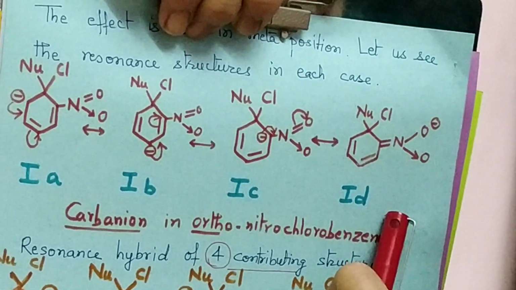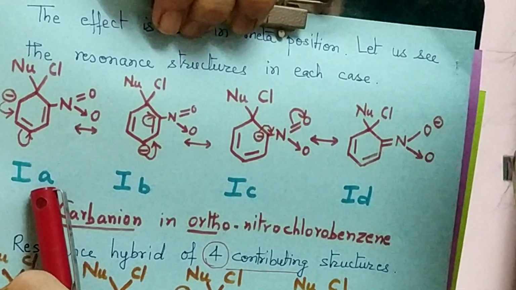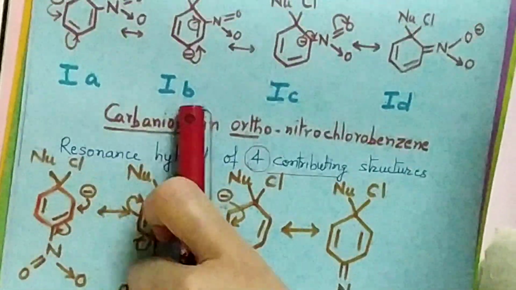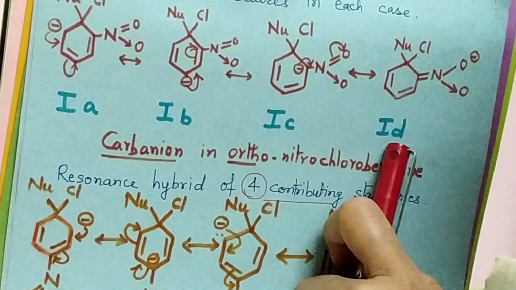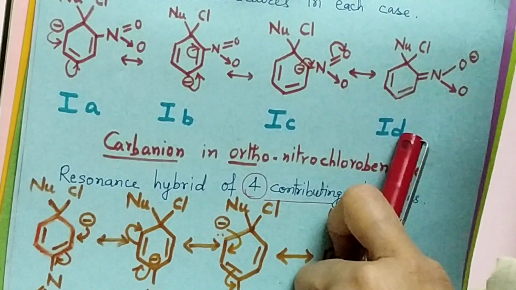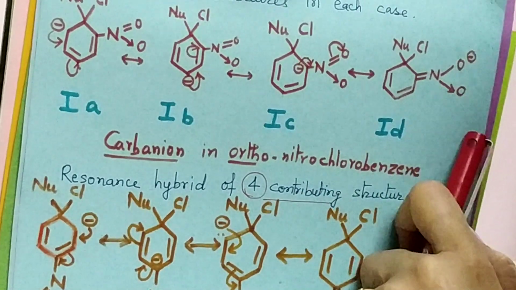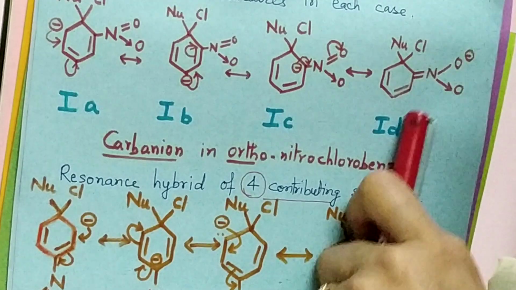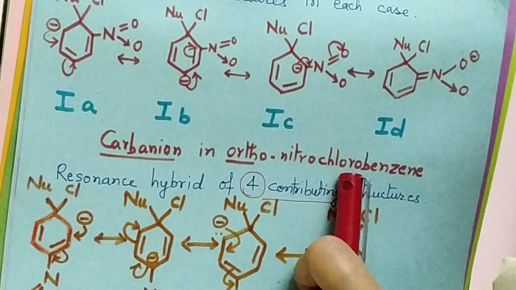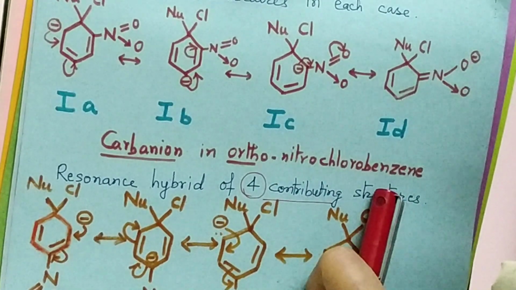So overall, it is now clear that in this case we obtain 4 resonating structures, namely 1A, 1B, 1C and 1D. This 1D structure is an extra structure which is there because of the accommodation of the negative charge onto the nitro group. So this is the carbanion which will be formed in orthonitrochlorobenzene. It's a resonance hybrid of 4 structures.